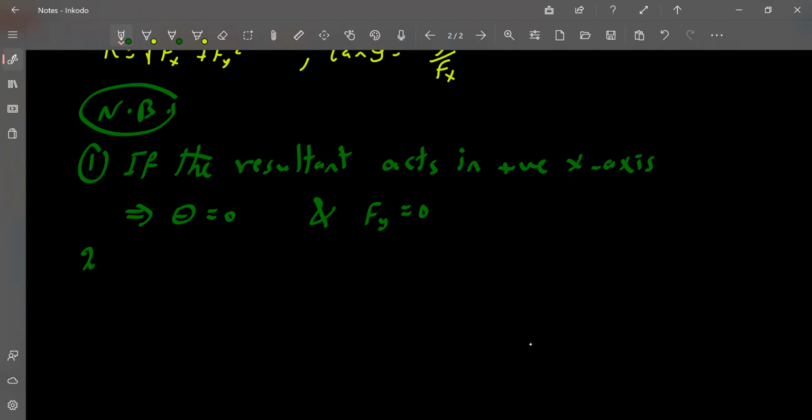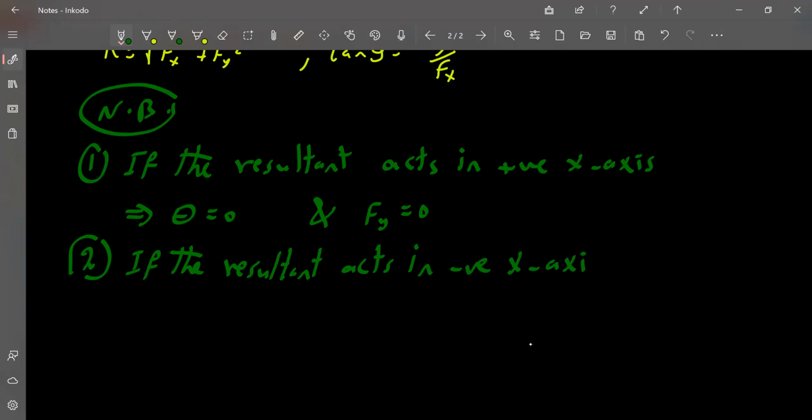Number two: if the resultant acts in the negative x-axis, then theta equals 180 and Fy equals 0.